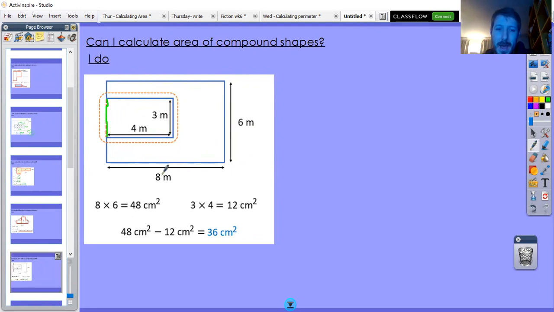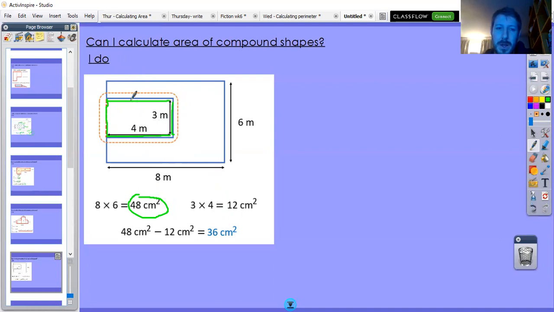So to find that area, we do 8 times 6 to find the area of this rectangle, which would be 48. What we can then do is, if we're given the information, we can subtract the area that is missing. So we know that this blue rectangle here is actually missing from the shape.